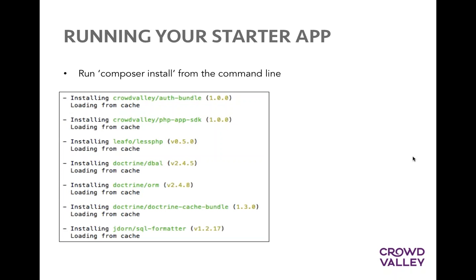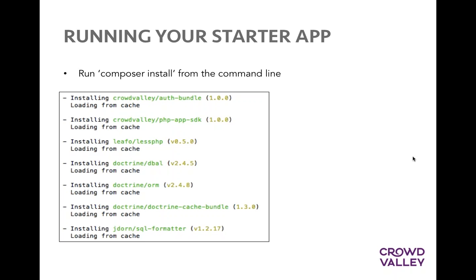So once you've done that, you go to the command line. So you find the folder where you have cloned or copied this application, and you would type in Composer install. So this is using the Composer library management service, which I mentioned earlier.